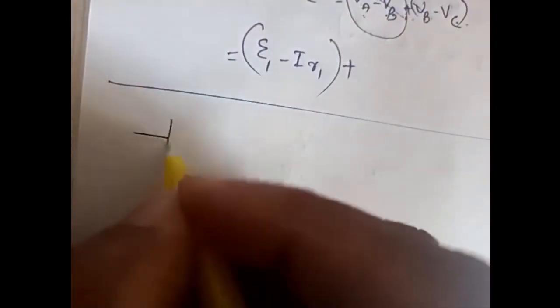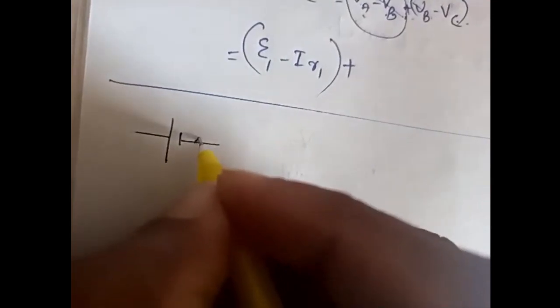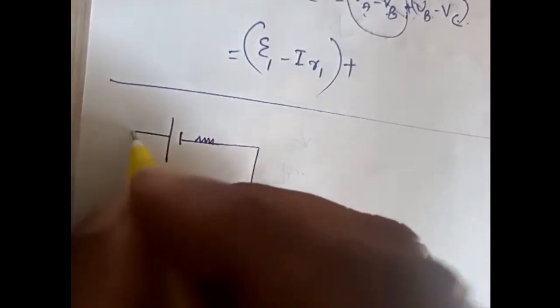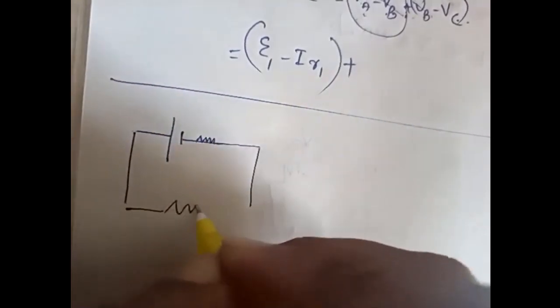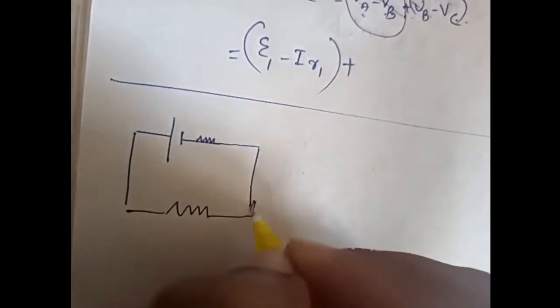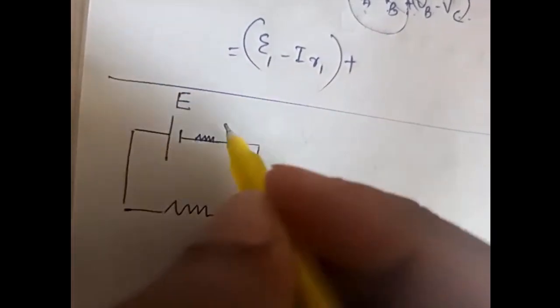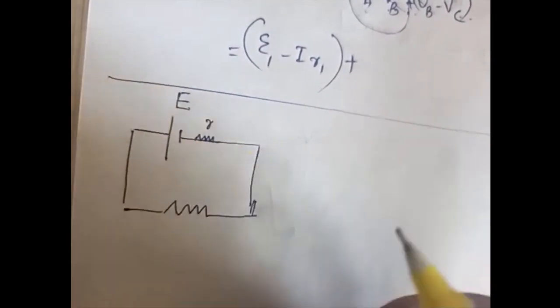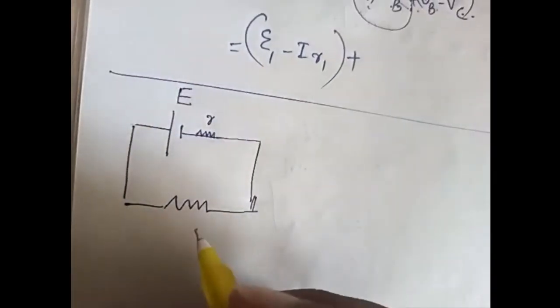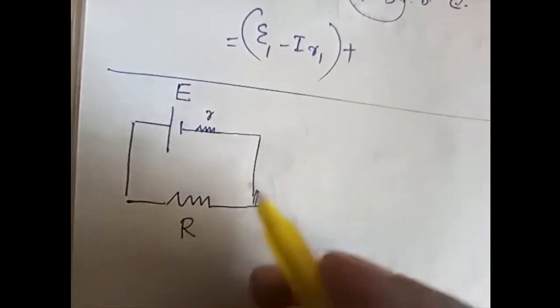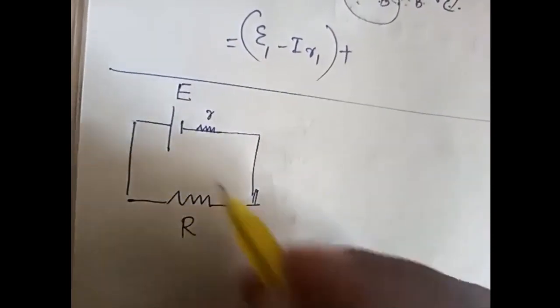If you are considering a cell, the cell will have a small amount of resistance due to the components inside it. Suppose that a cell of EMF E and an internal resistance r is connected to an external resistance, capital R. This is our load resistance.